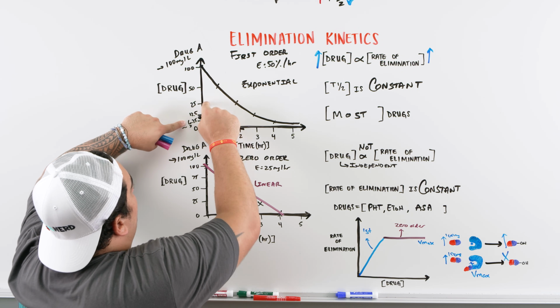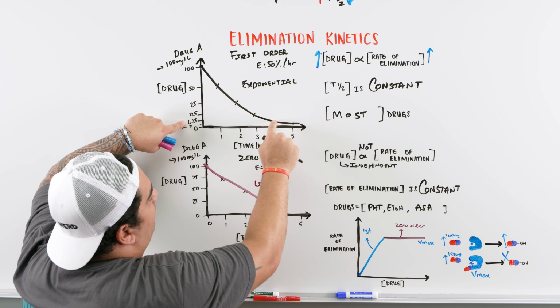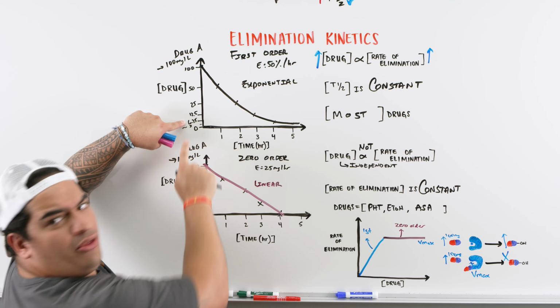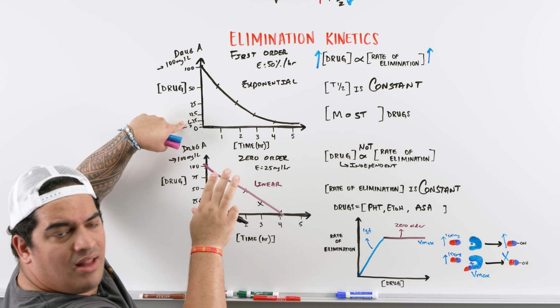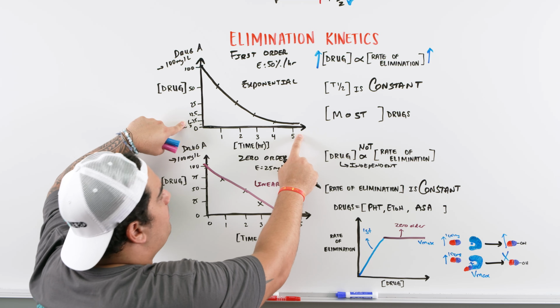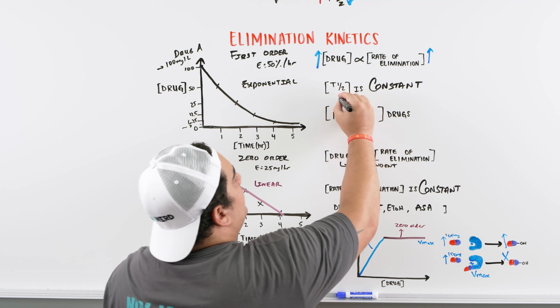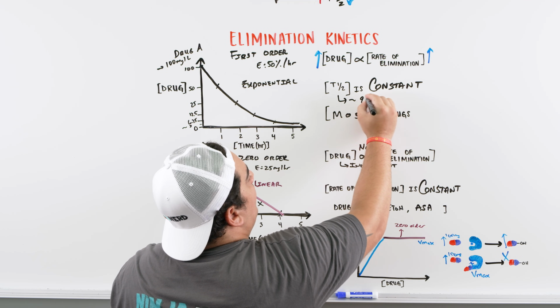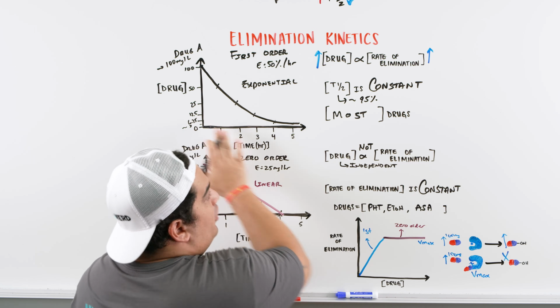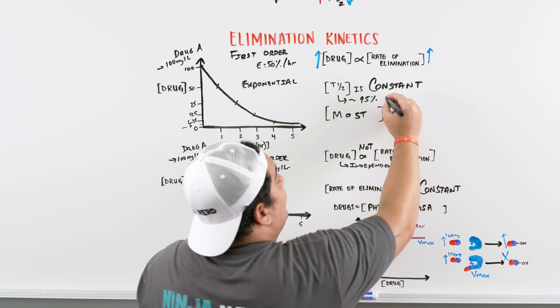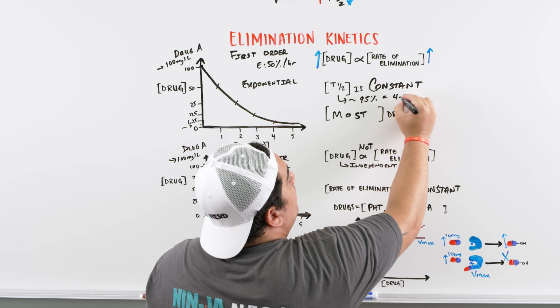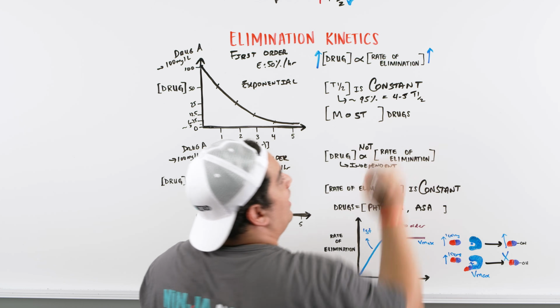This was 1, 2, 3, 4, the fourth half-life. And around this one, you get to about 3 point something milligrams left, you're at about 5 half-lives. That means somewhere around approximately 95% of the drug being eliminated is equal to about 4 to 5 half-lives.